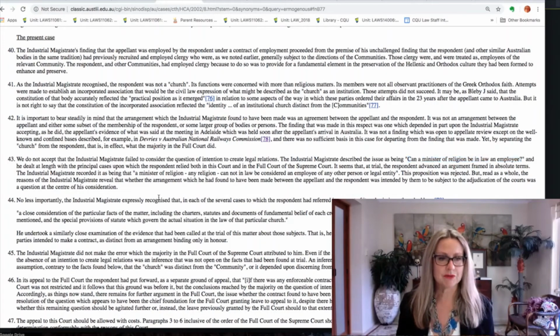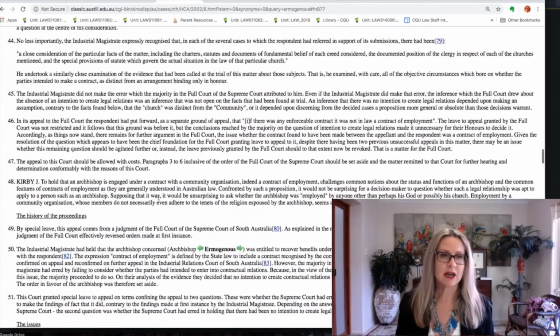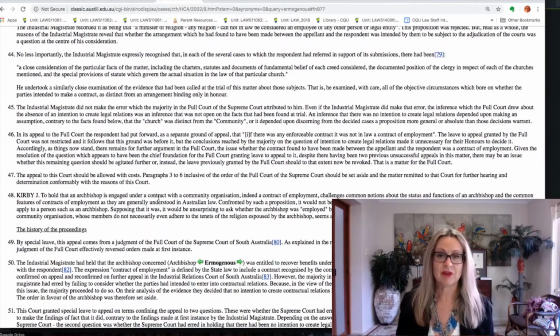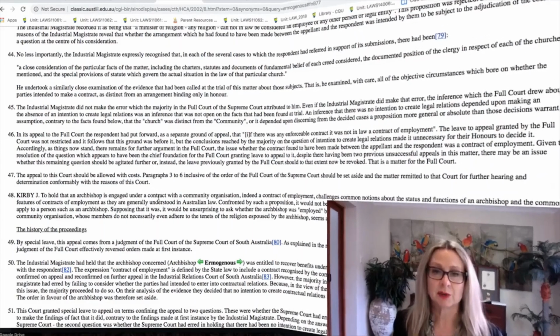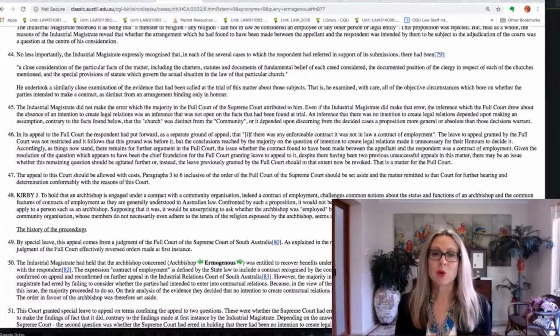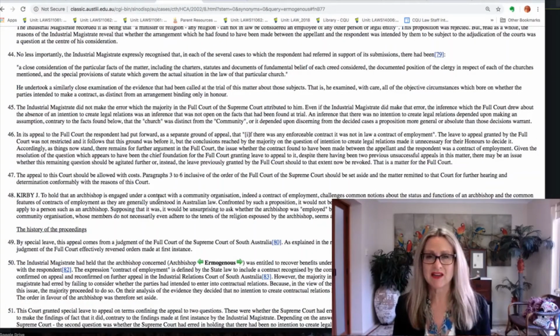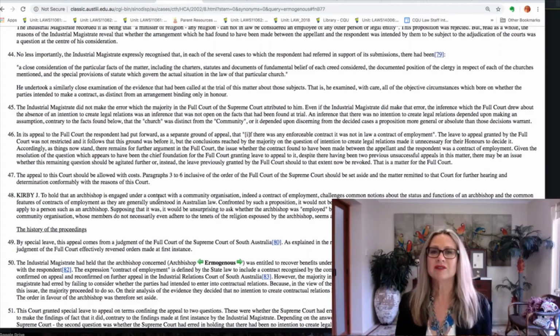So what does the court do then? They go ahead and they basically conclude that this particular decision has been arrived at appropriately. The one question that was really left to be answered was only the very minor question of, all right, if there was a contract here, was it a contract of employment? Because the answer to that question would then give Archbishop Homogeneous either his annual leave and long service leave money or not, okay?